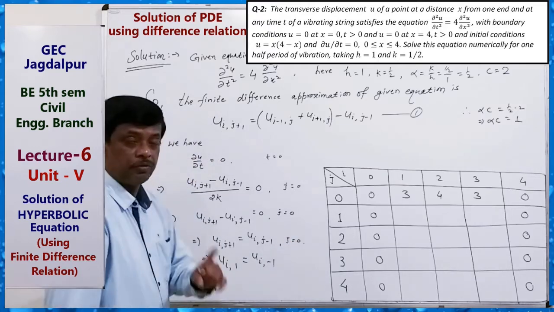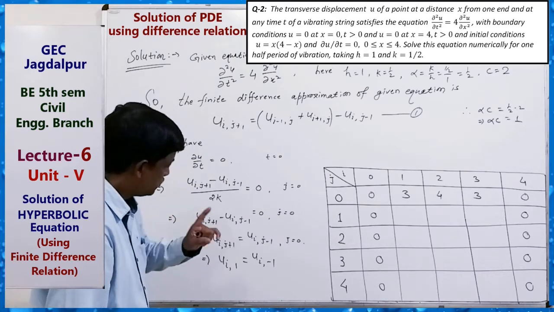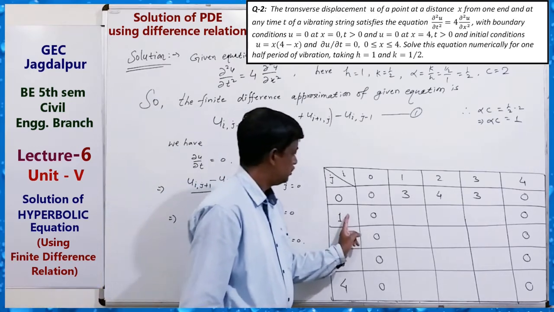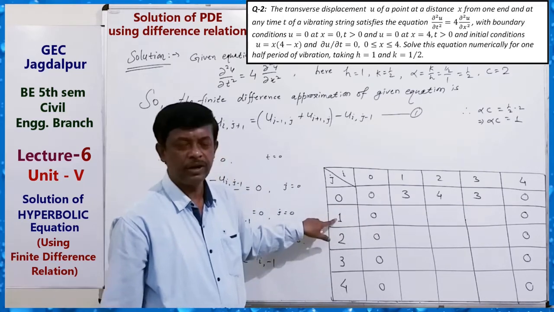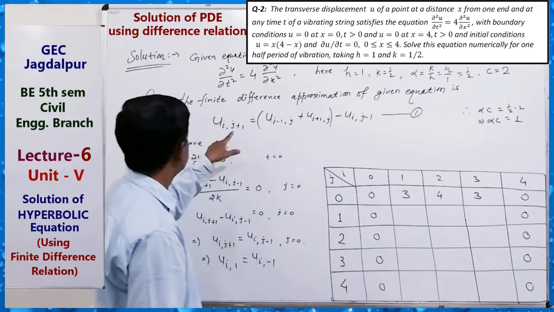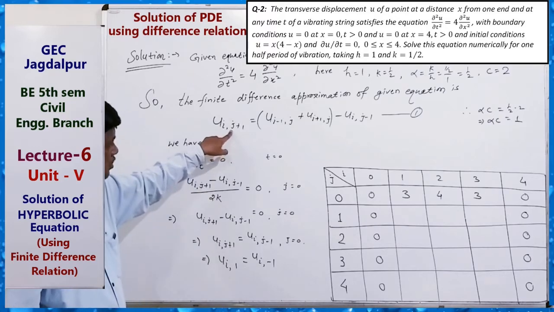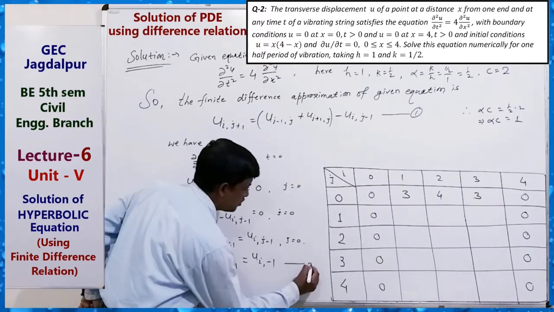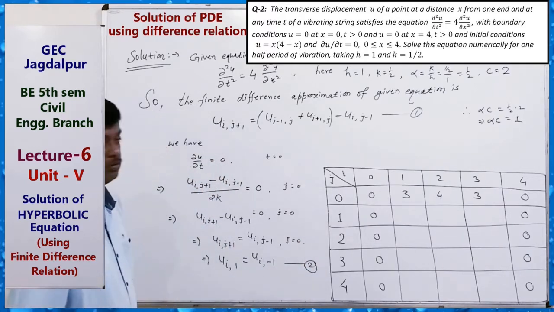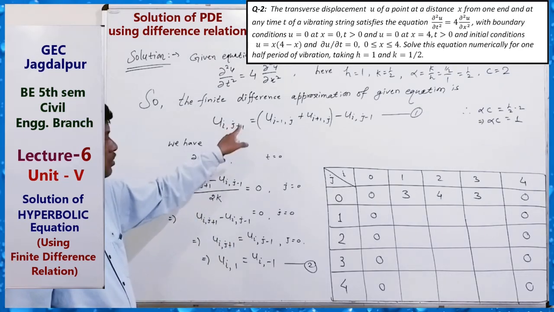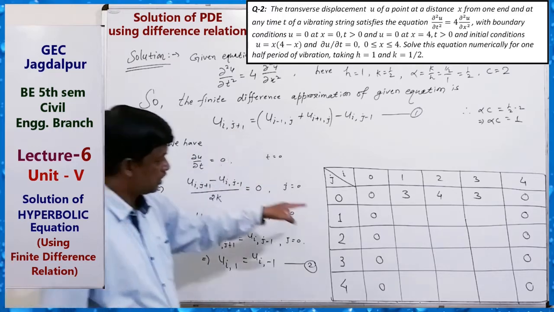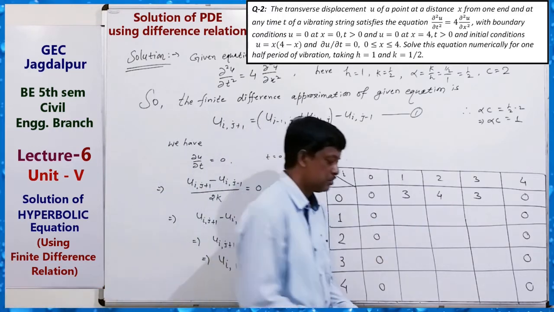Now for getting this higher level value, suppose this is equation 2. Now put j equals 0 here, then here it will be 1, so we can get this line.